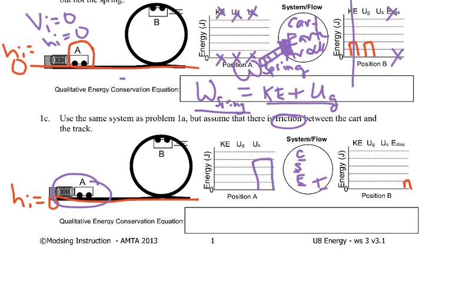I'm going to do 4 boxes because that's what I ended up being consistent with. So 4 boxes here, okay? It is not moving over here, and it does not have a height, so it does not have kinetic or gravitational. It's just got elastic. So the left-hand side of my equation is just elastic.